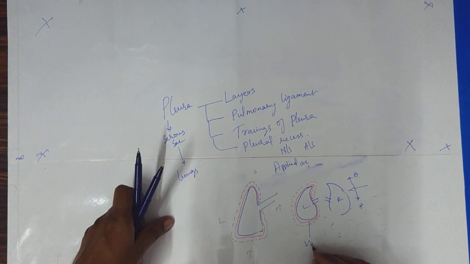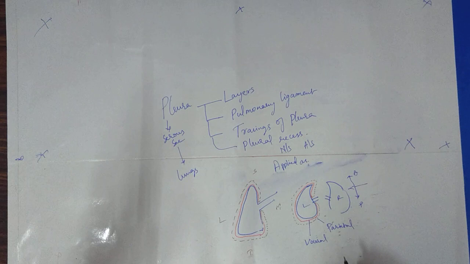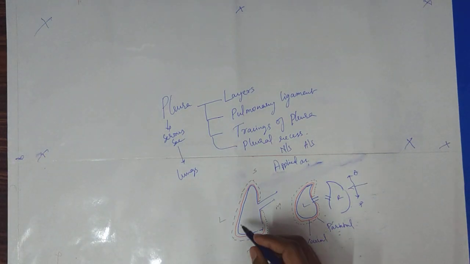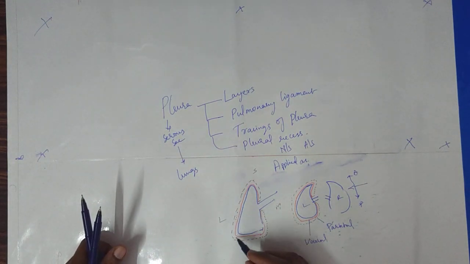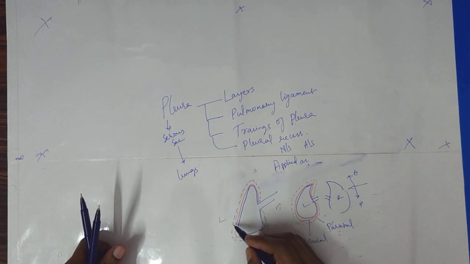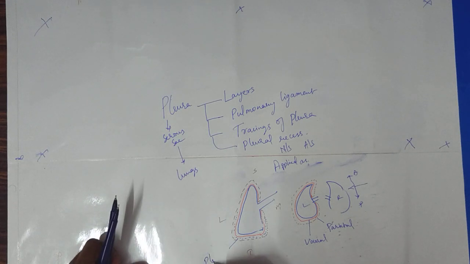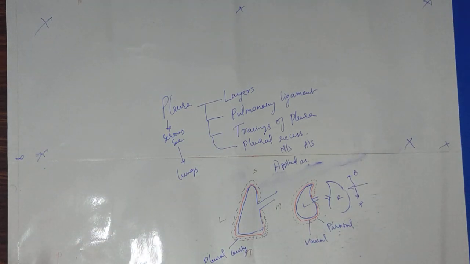Inner one is visceral, outer one is parietal. So what is the space between these two layers, visceral and parietal pleura? This is your pleural cavity.